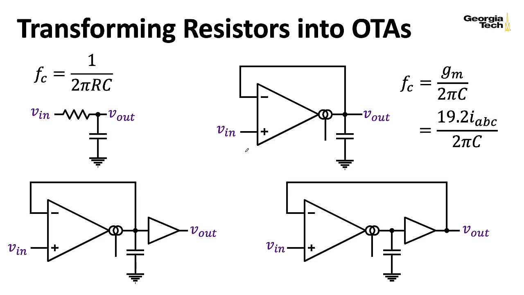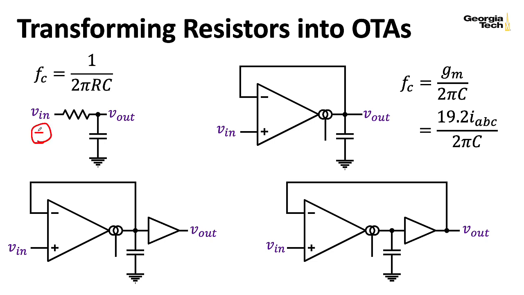Now, these two circuits aren't entirely equivalent. There's a big difference in terms of what's happening on the VN side. With the OTA circuit, VN is presented with a high input impedance, whereas with the RC circuit, whatever source is providing VN sees an input impedance of this resistor plus the impedance of the capacitor.